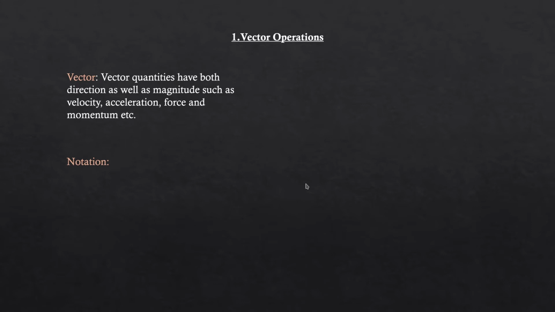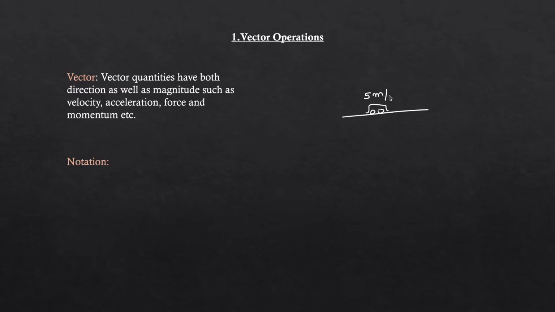Vector operations. Before moving to the vector operations, let's see what vectors are. Any vector is a combination of one scalar quantity and a direction added to that. So it has the information of that scalar quantity and the direction in which it is being applied. Let's say here is a car and it is moving with 5 meter per second.